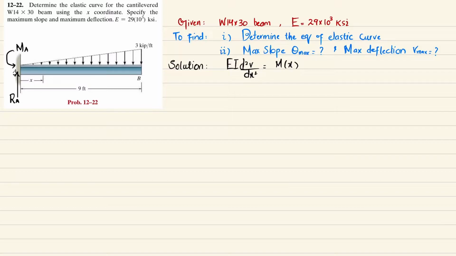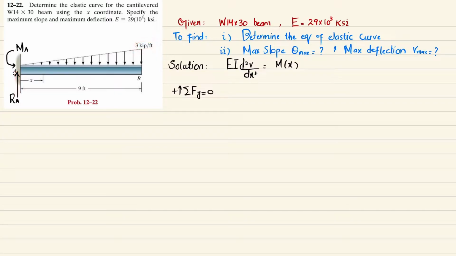The first equilibrium condition is that the sum of all forces along the y direction must be equal to 0, with upward force taken as positive. Now you can see one force is RA and the other force is the uniformly increasing load.